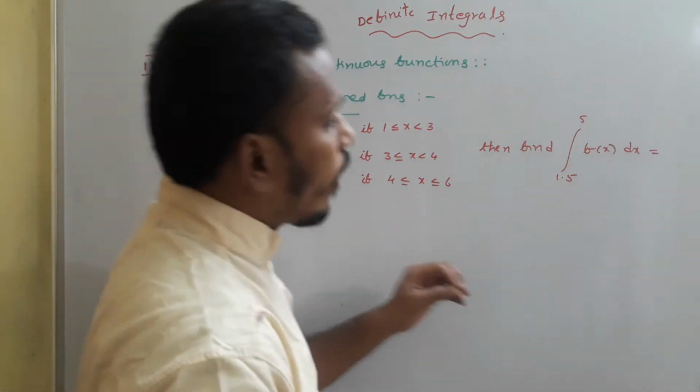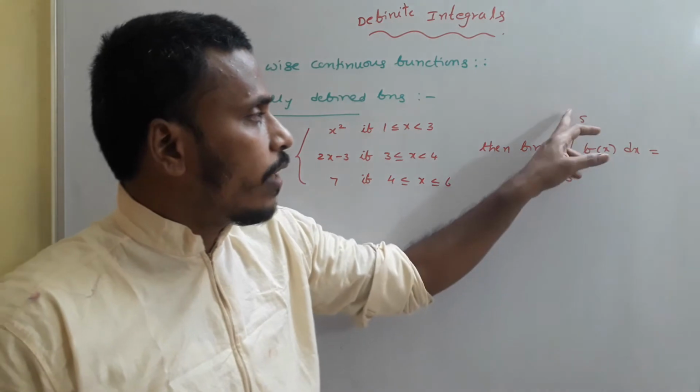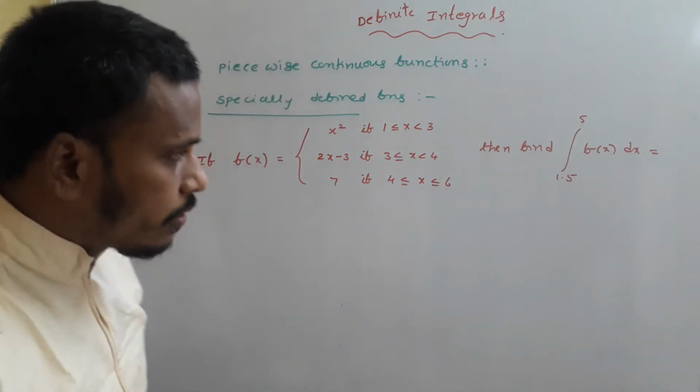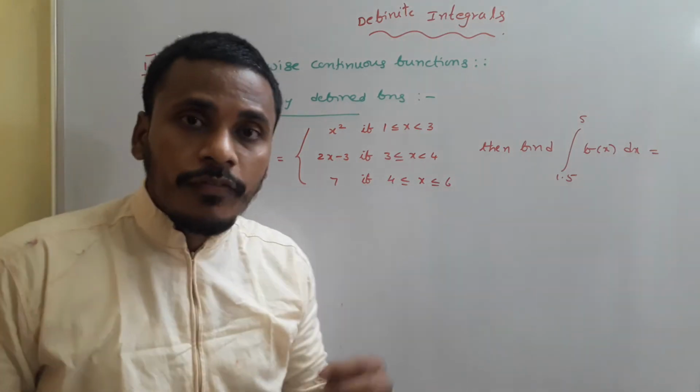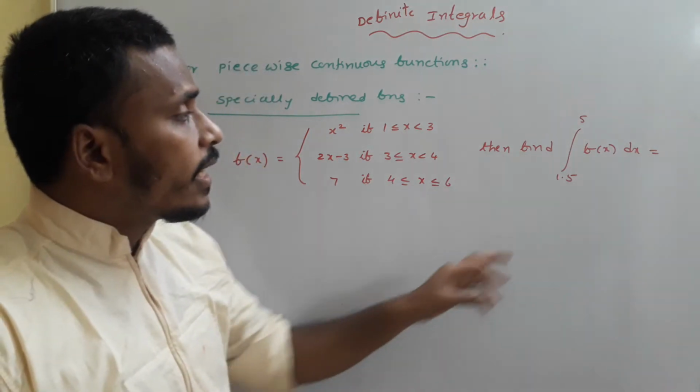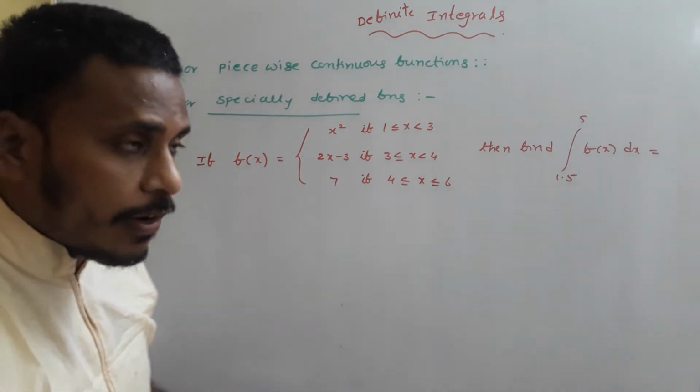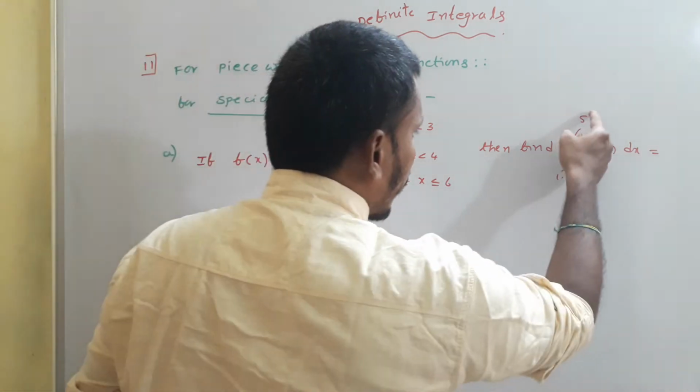Now our task is to find the integral from 1.5 to 5 of f of x dx. How to find this? As we discussed in the basic properties of definite integrals, to find integral values for these types of specially defined functions, we need to split these limits.